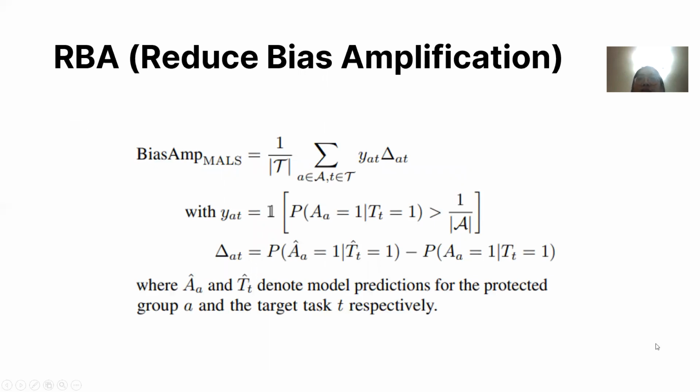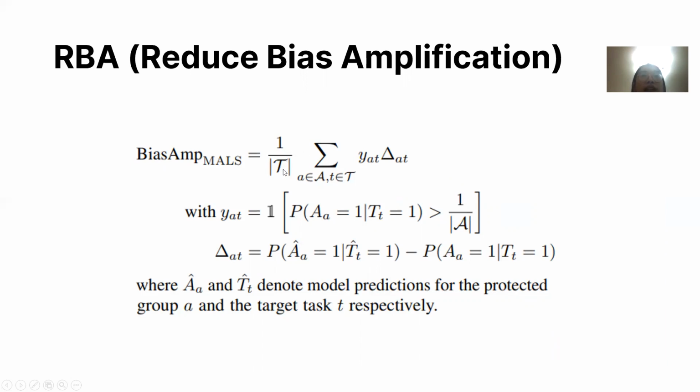Zhao's work in Men Also Like Shopping is as follows. They introduced a metric called BiasAmp, and it is defined like this.